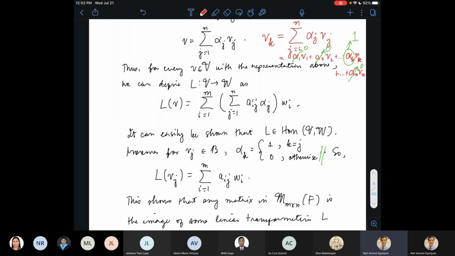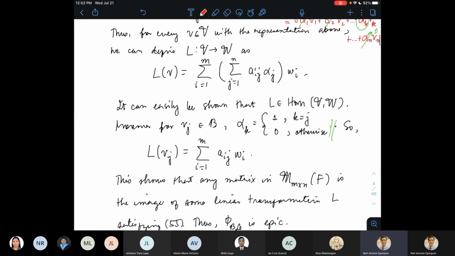Okay? And then dahil si alpha k ay equal lang kay 1 kapag ka si k ay equal kay j, what will happen to this sum? So that means it will just turn out to be a single term, right? Kasi yung mga alpha j's malamang madalas silang 0 except for one case when k is equal to j.